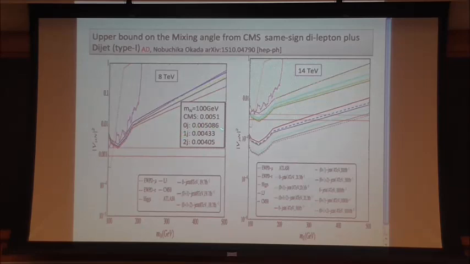We can improve these mixing angles using 1-jet and 2-jet processes quite a lot. And this is the 14 TeV search reach for the same sign dielectron using the CMS data.